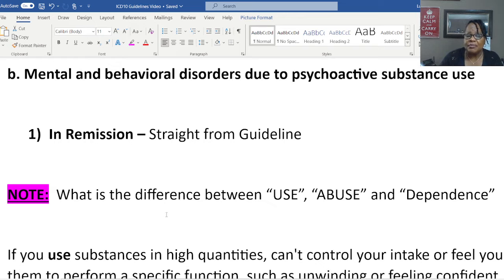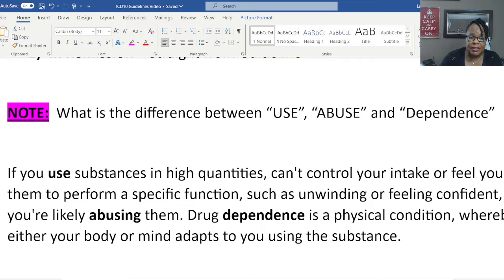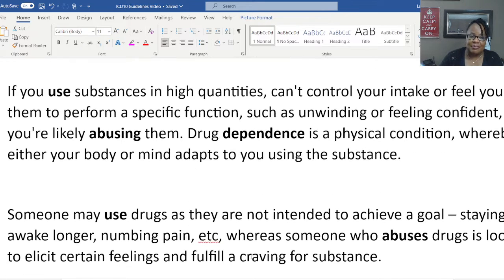What is the difference between use, abuse, and dependence? If you use a substance in high quantities, can't control your intake, or feel you need them to perform a specific function, such as unwinding or feeling confident, you're likely abusing them. Drug dependence is a physical condition whereby either your body or your mind adapts to using the substance.